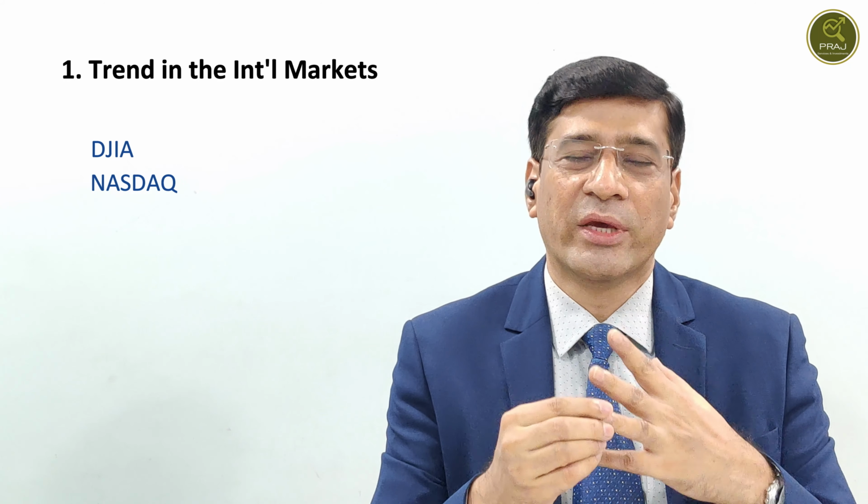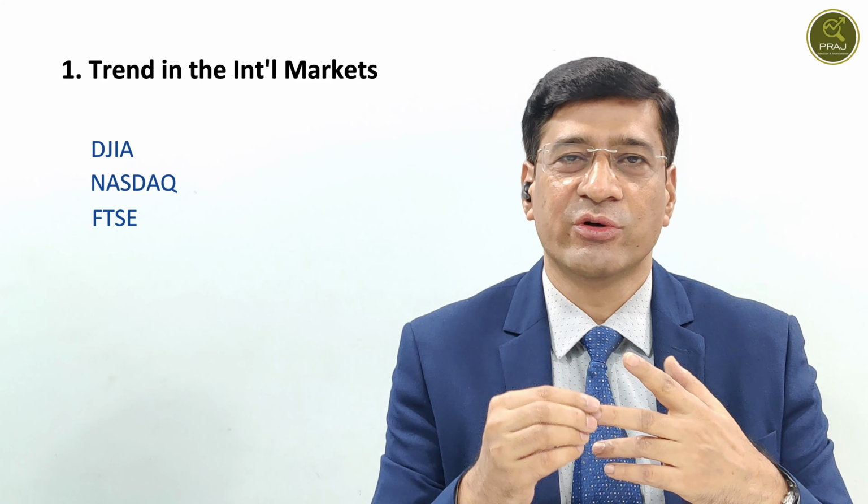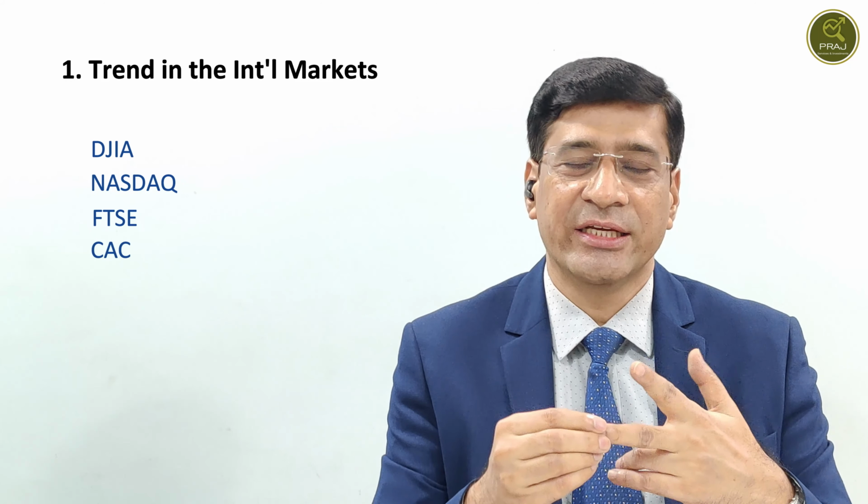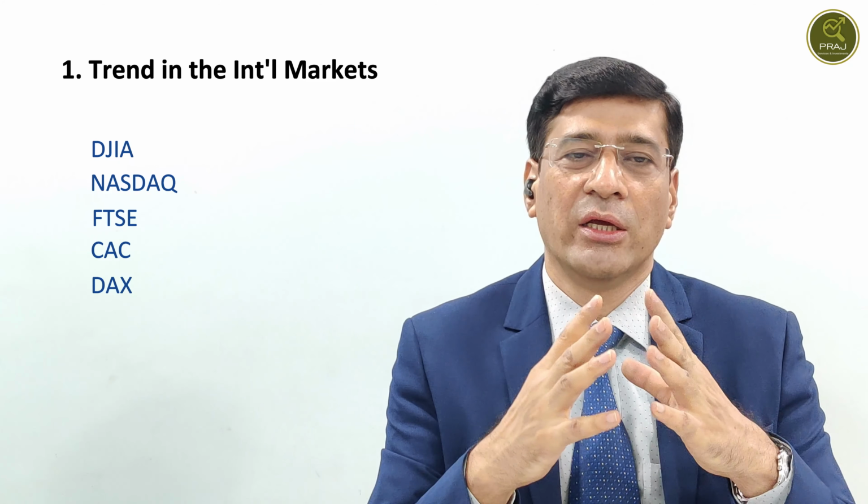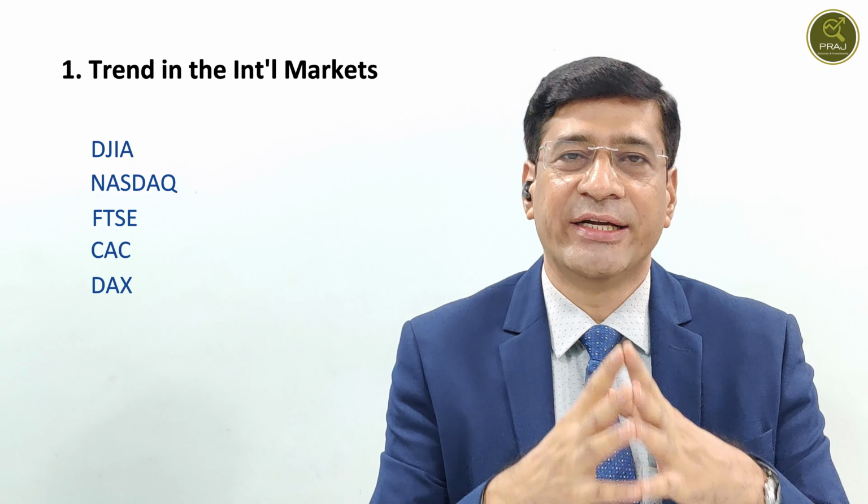In UK you have got FTSE, in France you've got CAC, in Germany you've got DAX, in Singapore you've got the Singaporean exchange, in China you've got a Chinese exchange. So it becomes very crucial for you to monitor the international indices.